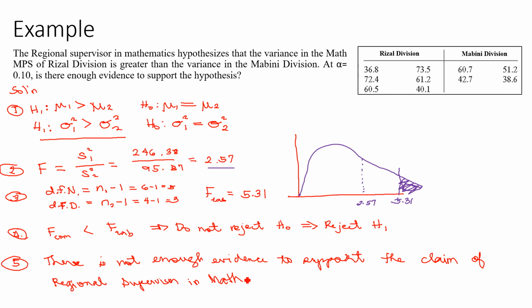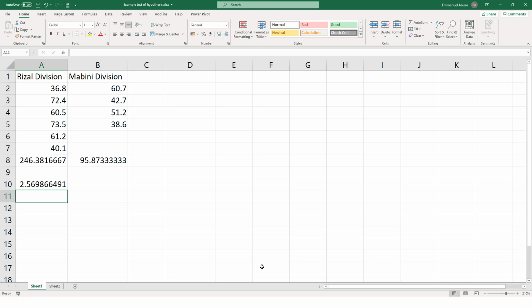Now, this is how we are going to solve manually. But we also have technology in which we are not going to do it manually. So let's have Excel. Let's go back to our Excel. So here we have our Rizal division and Mabini division.